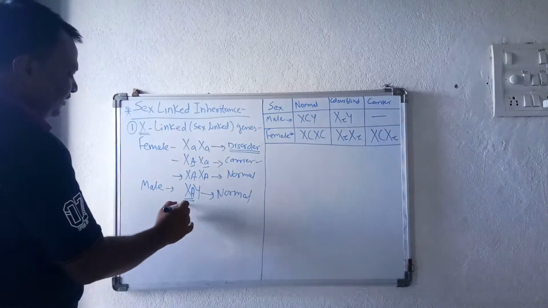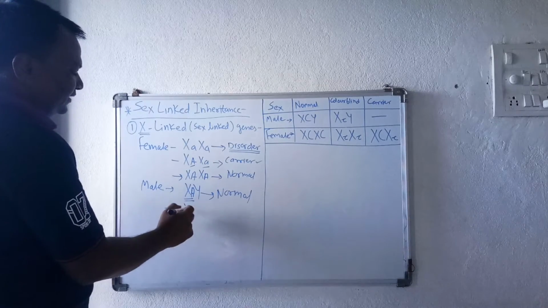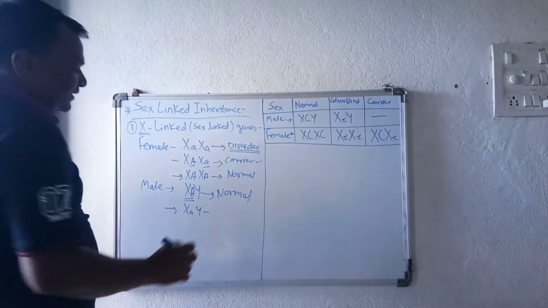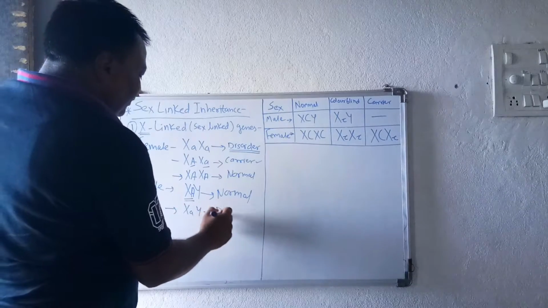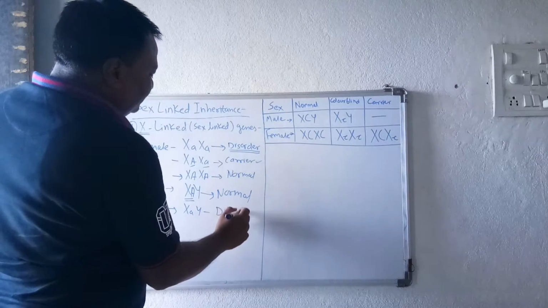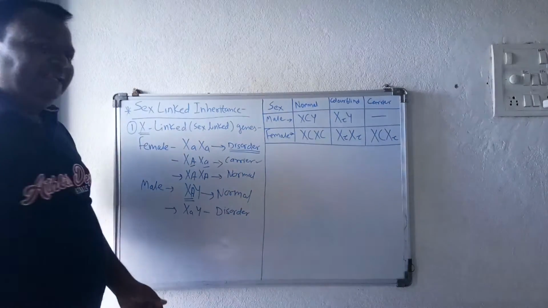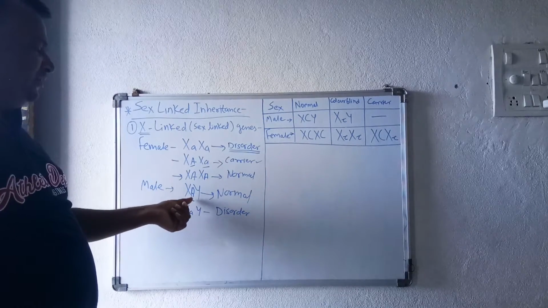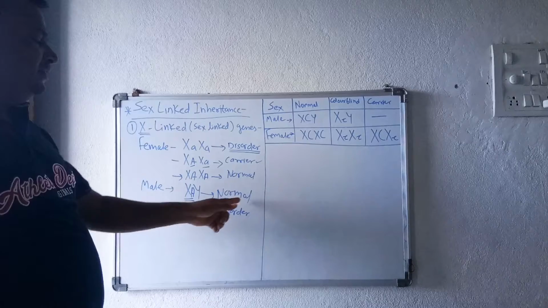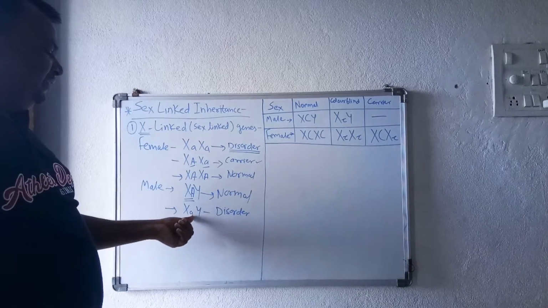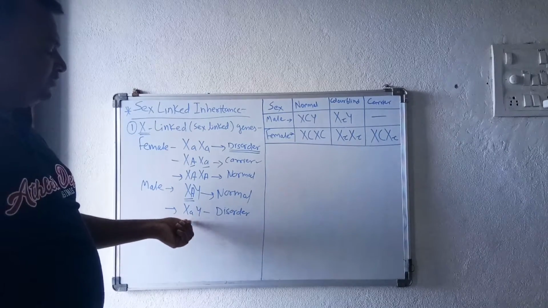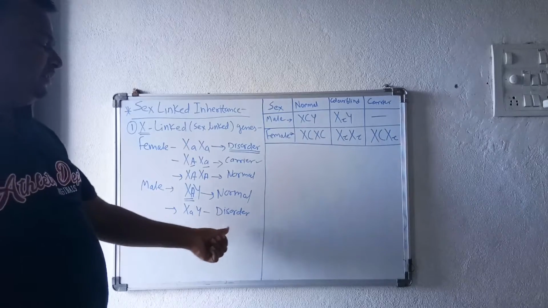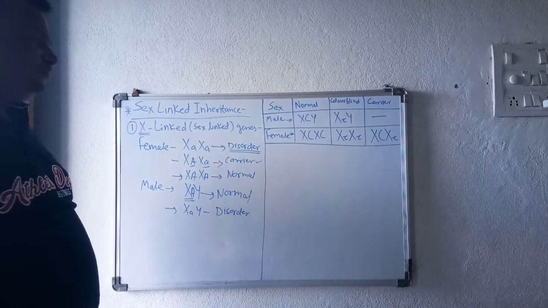And if the recessive gene is located on that X chromosome, this individual will suffer from the disorder. A male carrying the dominant gene on the X chromosome will be normal. If the allele on the X chromosome is recessive, this individual will exhibit the disorder.